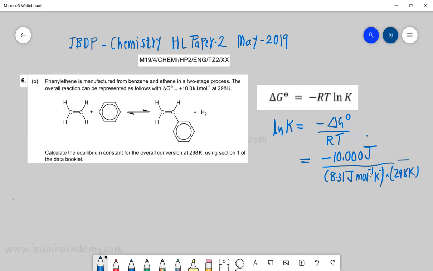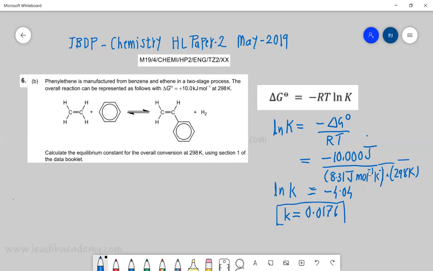By doing this calculation, we should get ln K equal to minus 4.04. Please remember it is ln K. So how much would be K? Put it in the calculator. K will work out to be 0.0176.